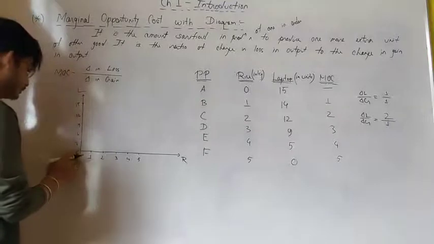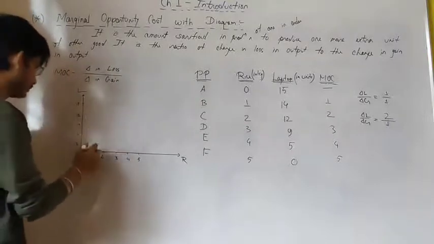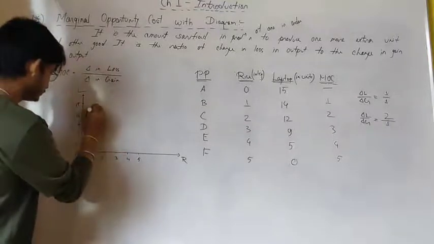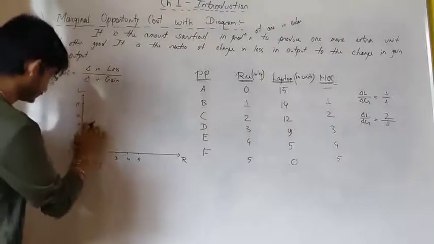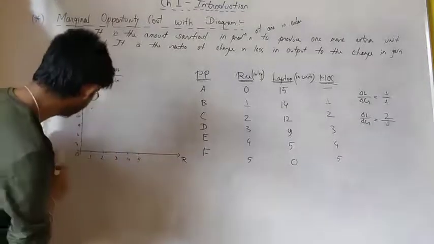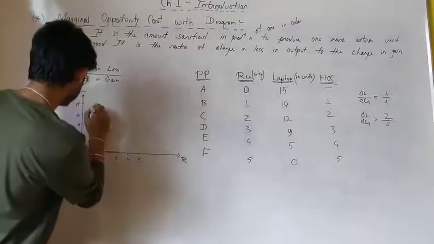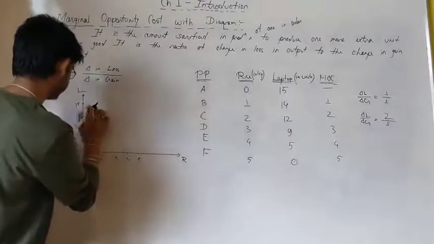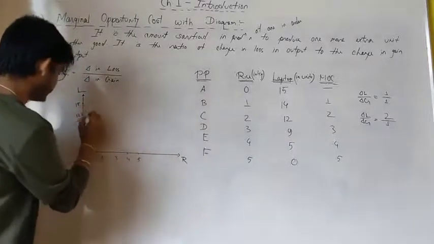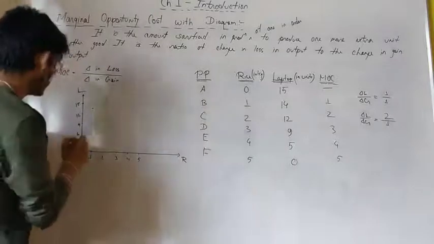Let's put 0 against 15, then 1, 14. This would be slightly here, this point. Then for 2 it is 12.